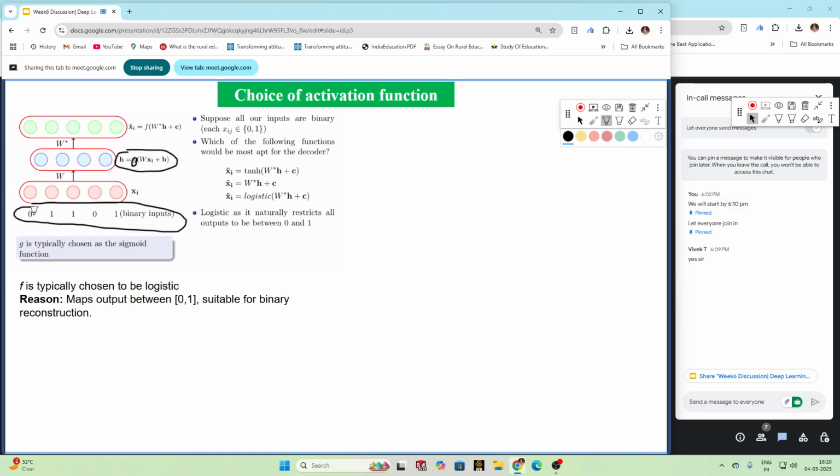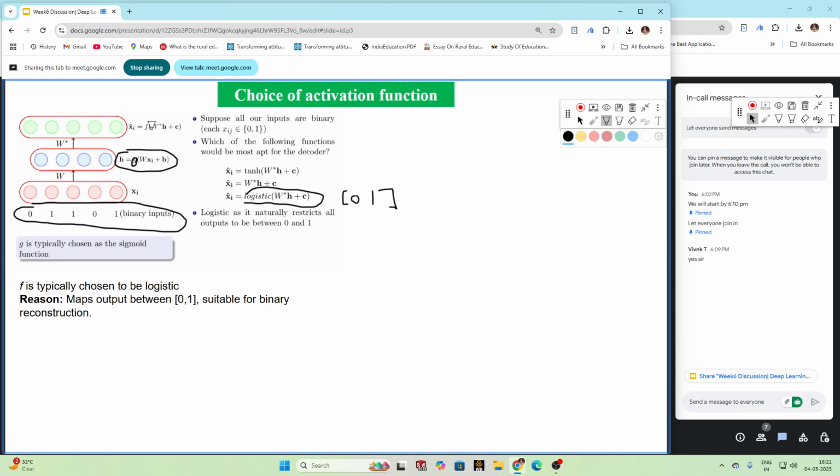Because our inputs are between 0 and 1, and we know the output of a logistic function is a value between 0 and 1. That is the range of the logistic function. So that is why the activation function we are using in the encoding layer is the logistic function.